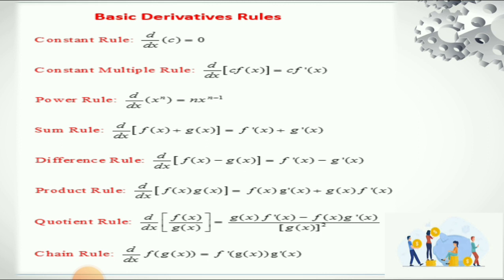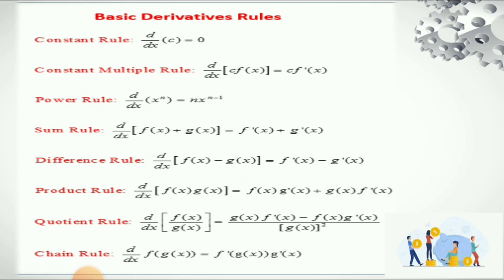Constant multiple rule: d over dx of c times f of x is equal to c times the first derivative of f of x. Power rule: d over dx of x raised to the power of n is equal to n times x raised to the power of n minus 1.